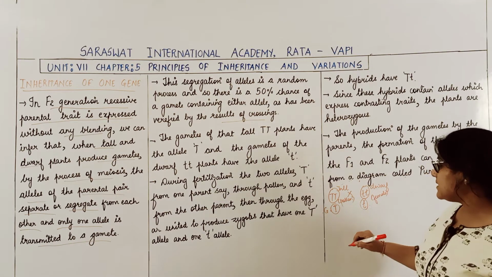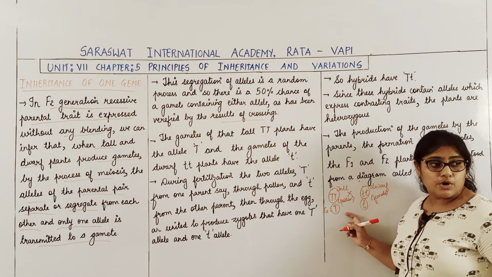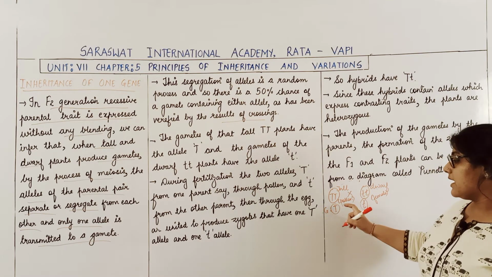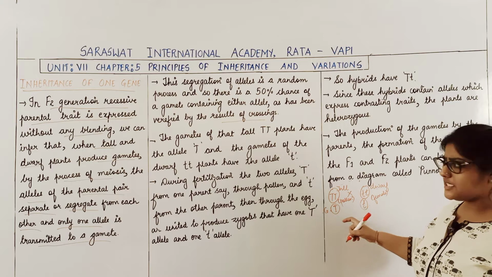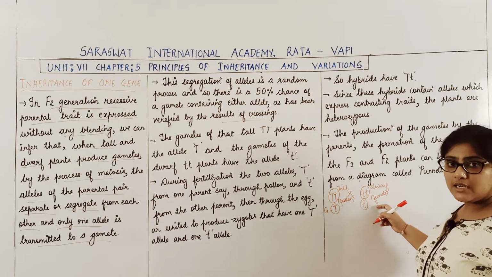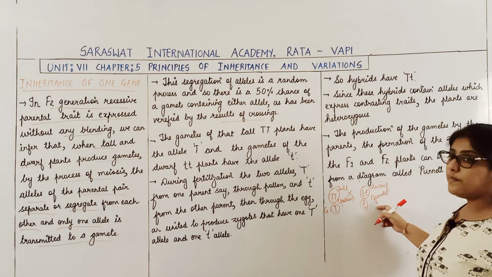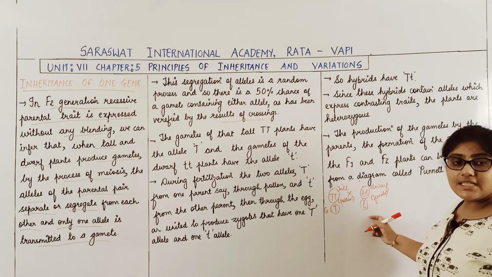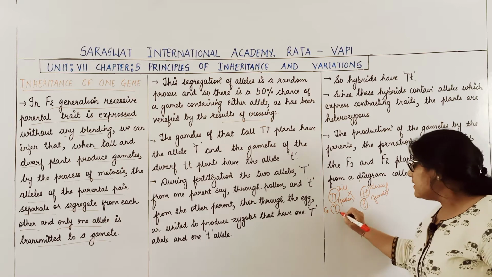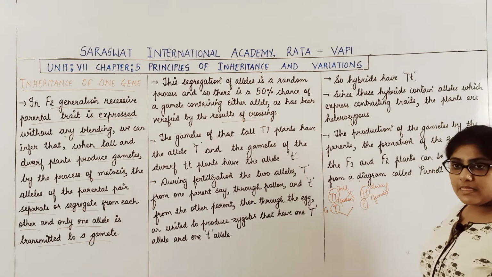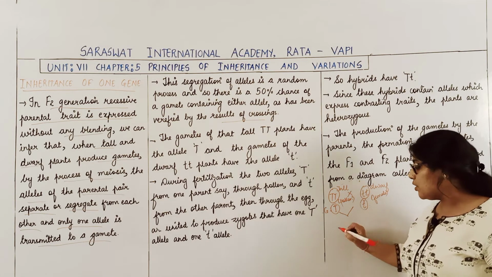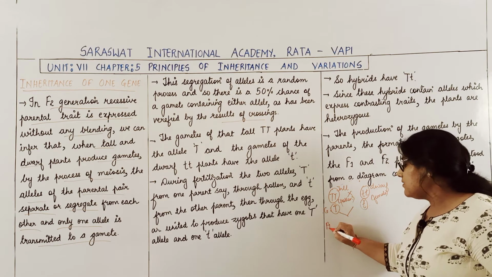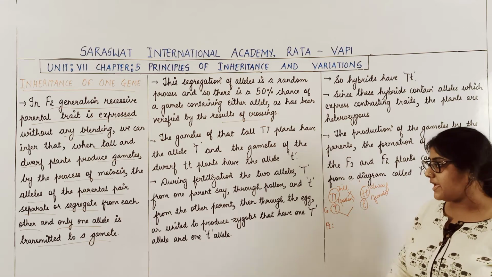So basically the tall plant through its pollen will produce the gamete containing the allele capital T, and the dwarf plant through the egg will produce the gamete containing the small t allele. Now these are the gametes formed. Now the fertilization will take place and it results in the formation of the F1 progeny.